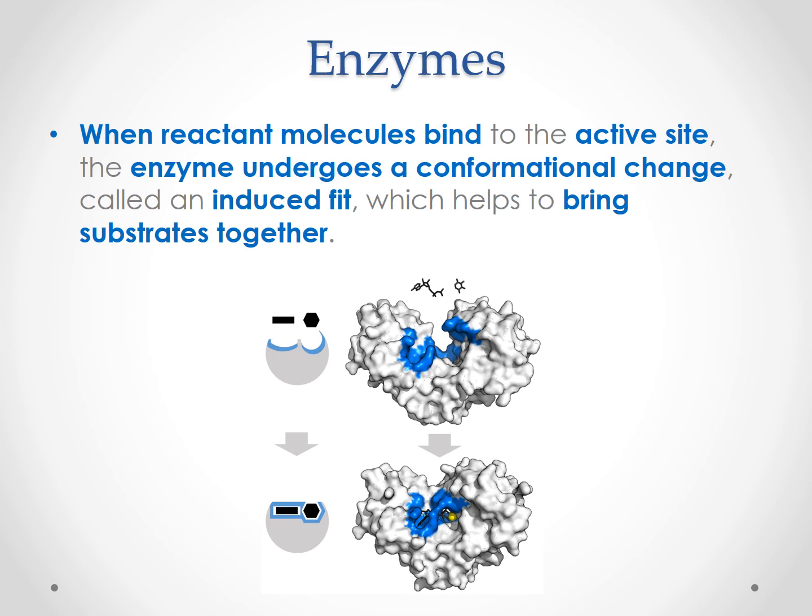At the top it's kind of open, and then once those molecules come in, you can see the blue color has shifted. We're sort of closer together. And so this induced fit, this conformational change in the enzyme, is very important to positioning those substrates together in order to form a product.